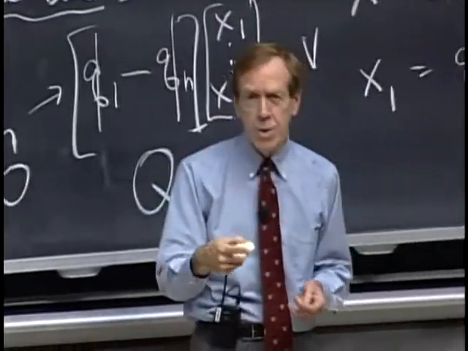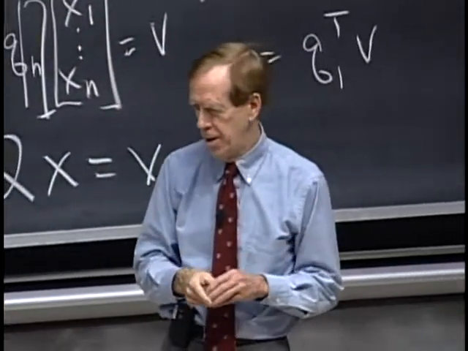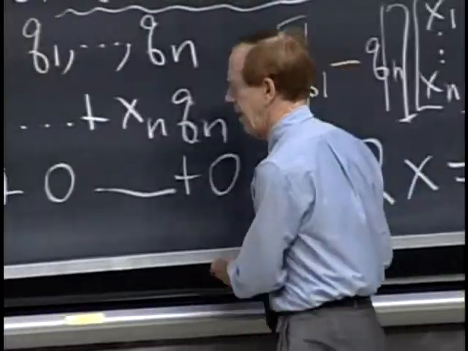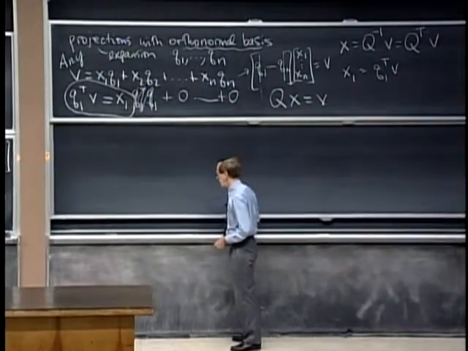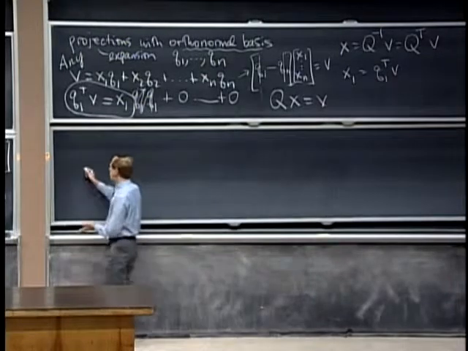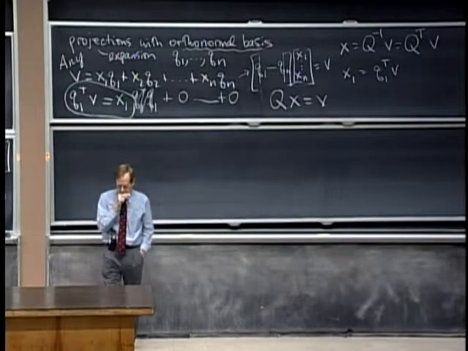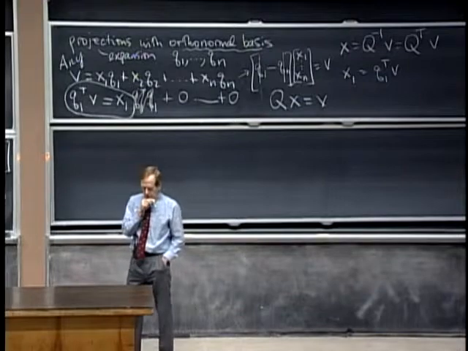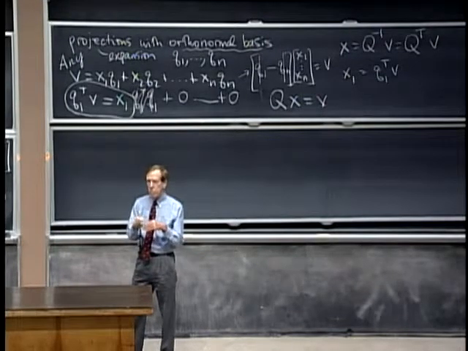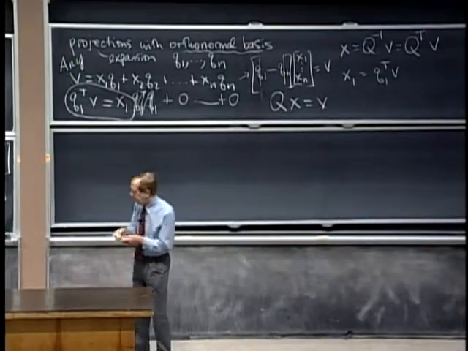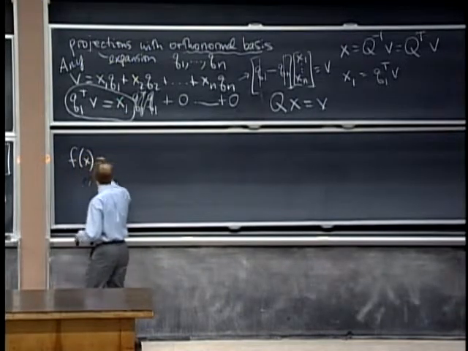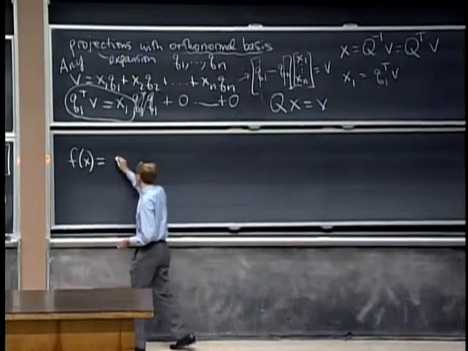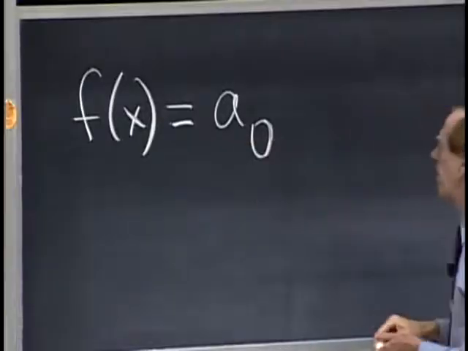And now that's what Fourier series are built on. So now in the remaining time, let me say something about Fourier series. Okay, so Fourier series is, well, we've got functions. We've got a function f of x. And we want to write it as a combination of, maybe it has a constant term.